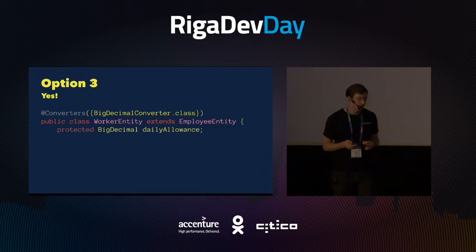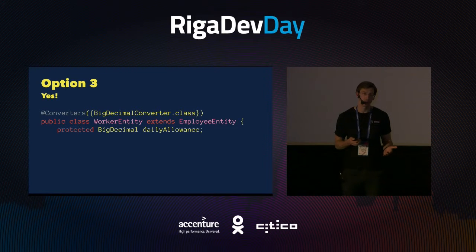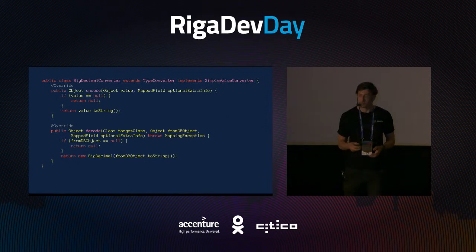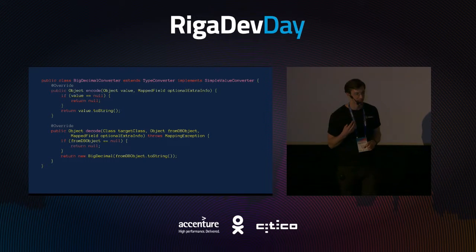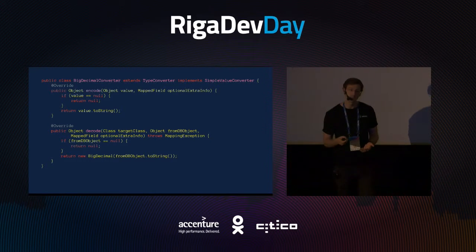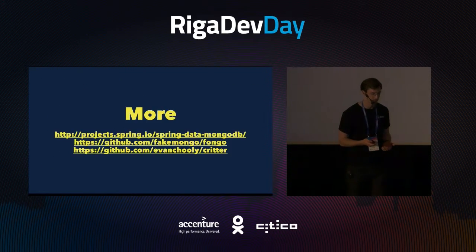So you simply register a converter, and then you can just use your BigDecimals and you don't need to care about anything else. The code is pretty small, but it's widely available on the internet. Everybody is just copying that into their project. This is just how to convert BigDecimals. You have an encode and a decode method. You need to implement those two, and you're good to go. So this is pretty nice and extensible.